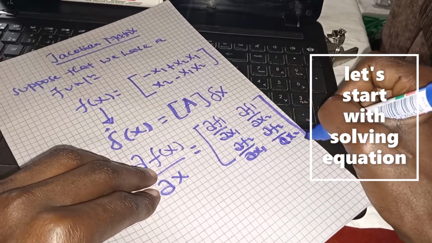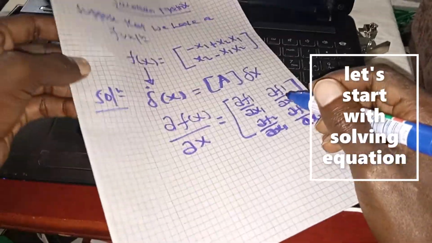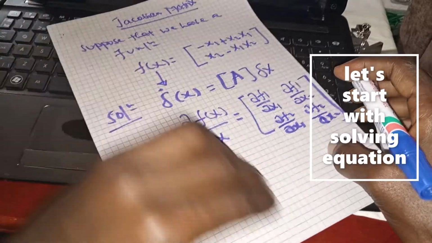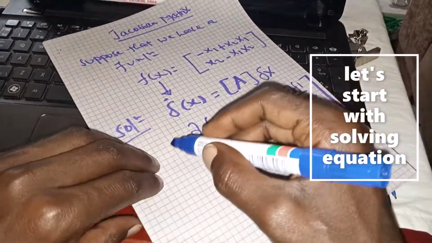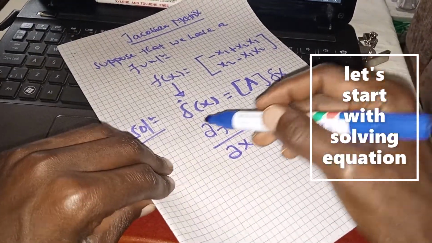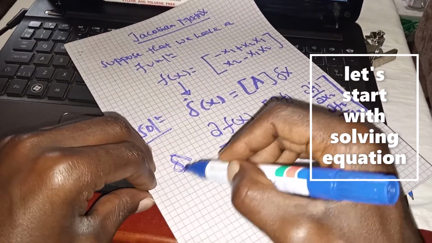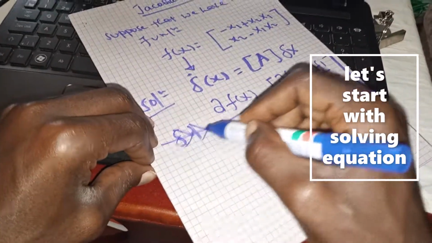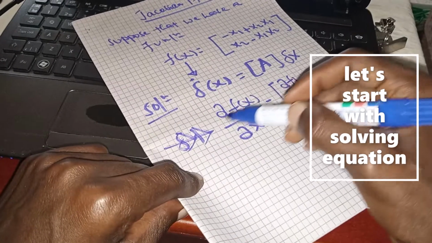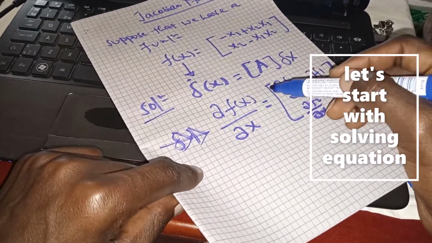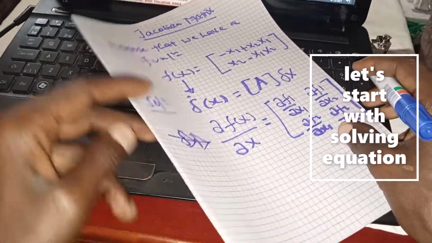This is the way we can compute the Jacobian matrix. This is the basic equation to compute the Jacobian, so don't forget the methodology I've represented here. This is the general equation of the Jacobian matrix.